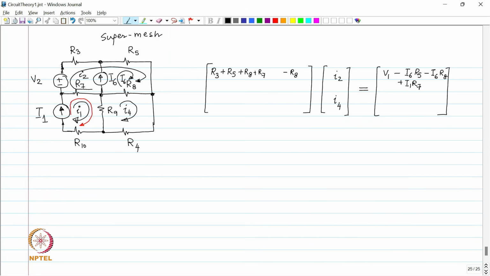Done. Next mesh is the one for I4. So, I go to I4 and let us start with R9. So, the drop is I4 minus capital I1 times R9.